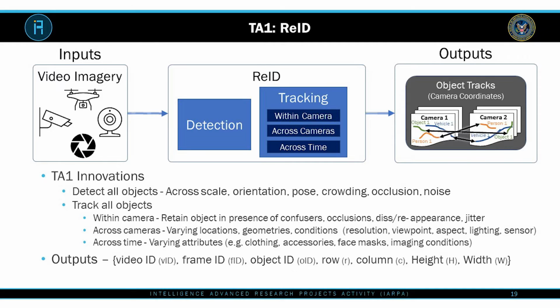And the outputs would nominally be, for each frame in each video, an anonymized ID for an object, along with the position and the extent of that object in the imagery.